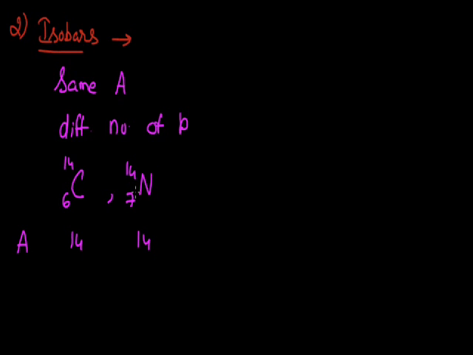So the nuclei of these two elements have the same number of nucleons. The total number of nucleons is the same for these two, but they have a different number of protons. The first has only 6 protons, while the second has 7 protons. So these two nuclei are termed as isobaric nuclei. Another example of isobars is sodium 24 (11-24), which is isobaric with magnesium 24 (12-24). So these are examples of isobar elements, and these nuclei will be termed as isobaric nuclei.